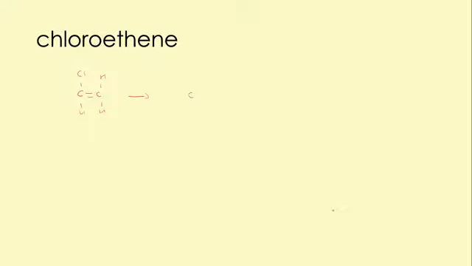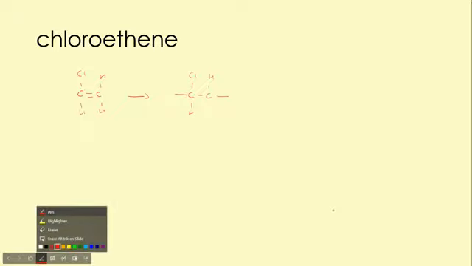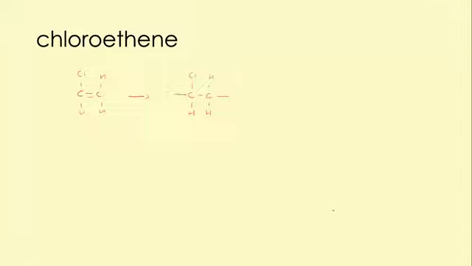I break that double bond, I then draw side bonds out there, and let's draw the rest of this monomer in. Okay, so I've broken the double bond, I've put that out there, and I now draw my square brackets, and then I've got n. Okay, so that's the structure of my polymer. Right, you should be able to have a go at this worksheet now.